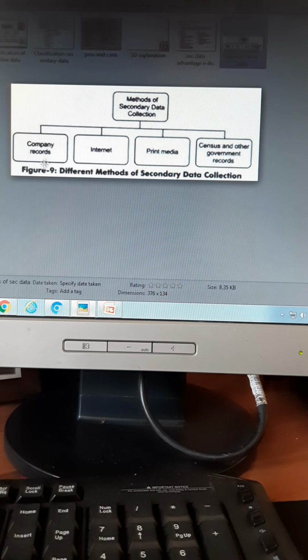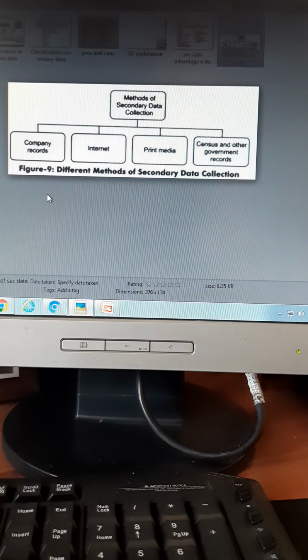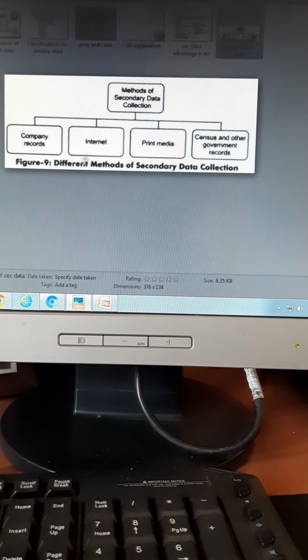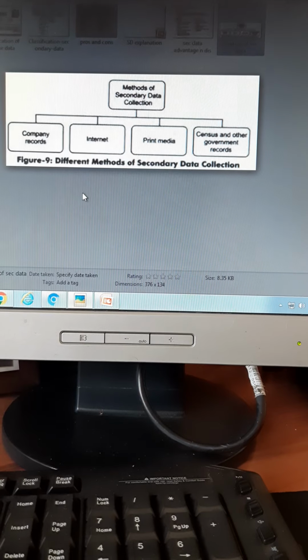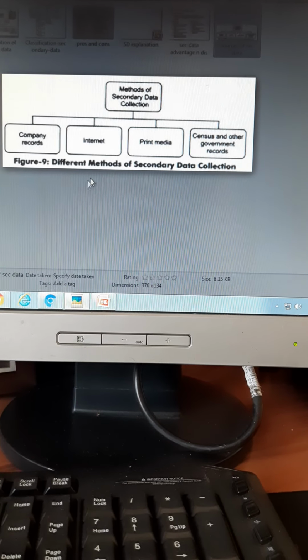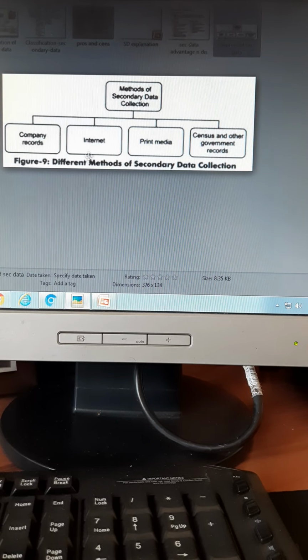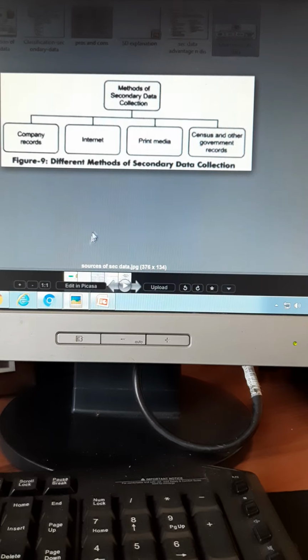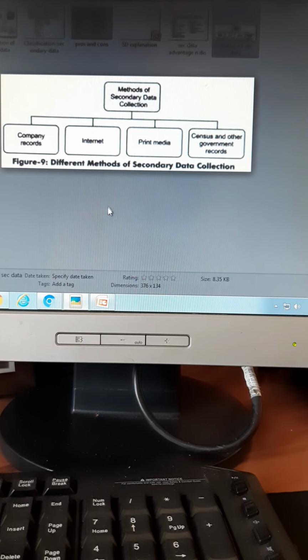So that can be a good place from where you can start looking. Next is internet. So Google is ubiquitous. For any aspect you get, and then you have such rich data available in the internet.